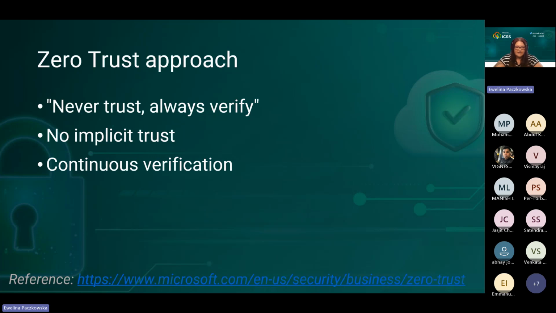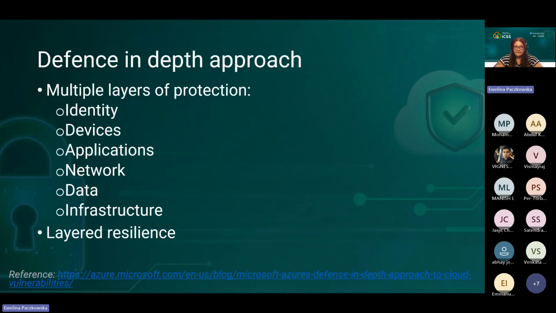The zero trust approach is based on three main concepts where you never trust, always verify. It flips that old trust-but-verify model on its head. It's all about no implicit trust and continuous verification. Whereas the defense in depth approach is focused on multiple layers of protection.